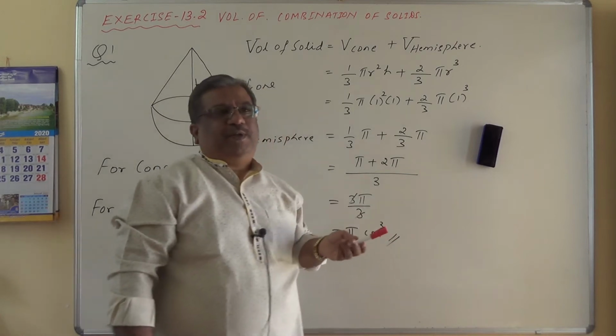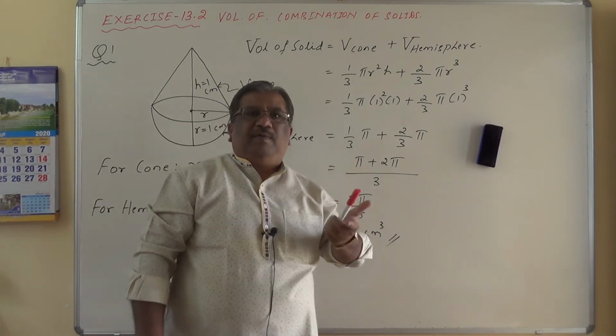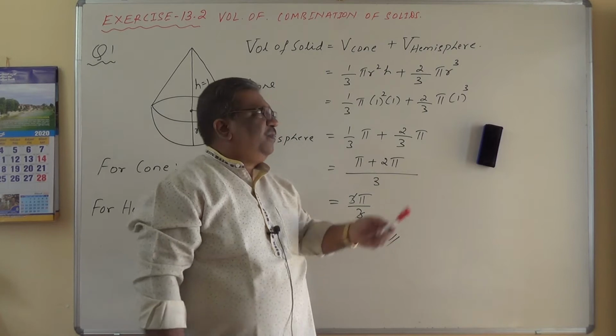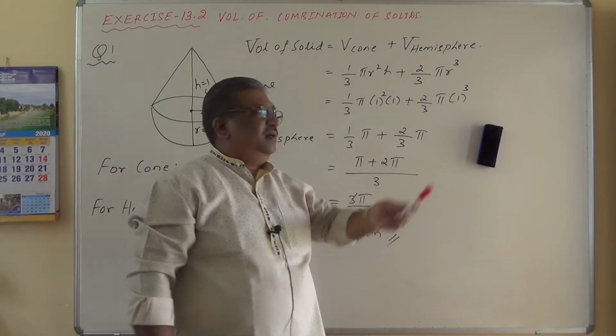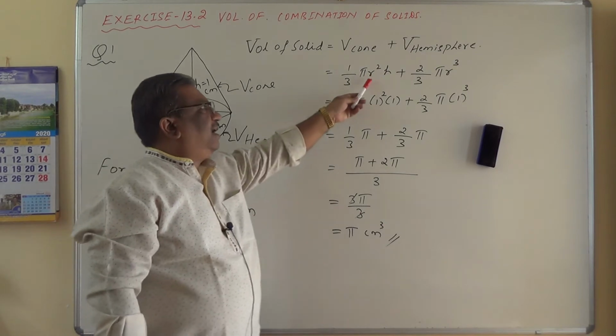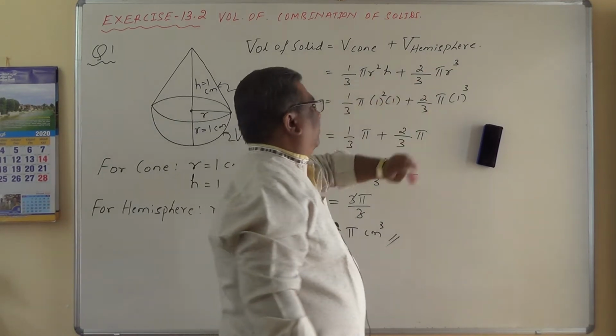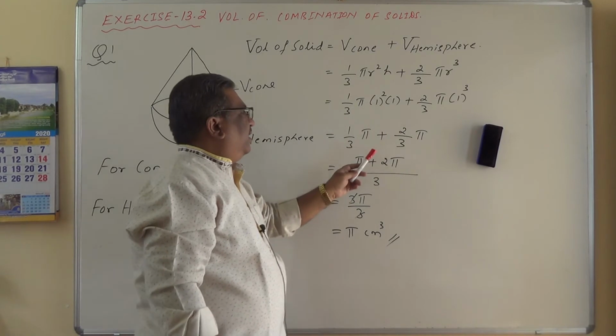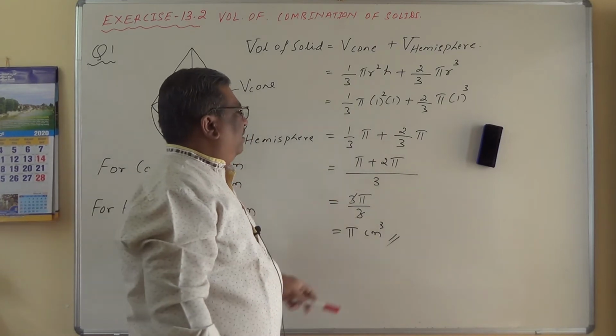Why is the volume of the hemisphere 2/3? The volume of the sphere is 4/3 pi r cube. The hemisphere is half of that, hence 2/3 pi r cube. Substitute the values: r is 1, h is 1, and r is 1. So what do you get here? 1/3 pi plus 2/3 pi.